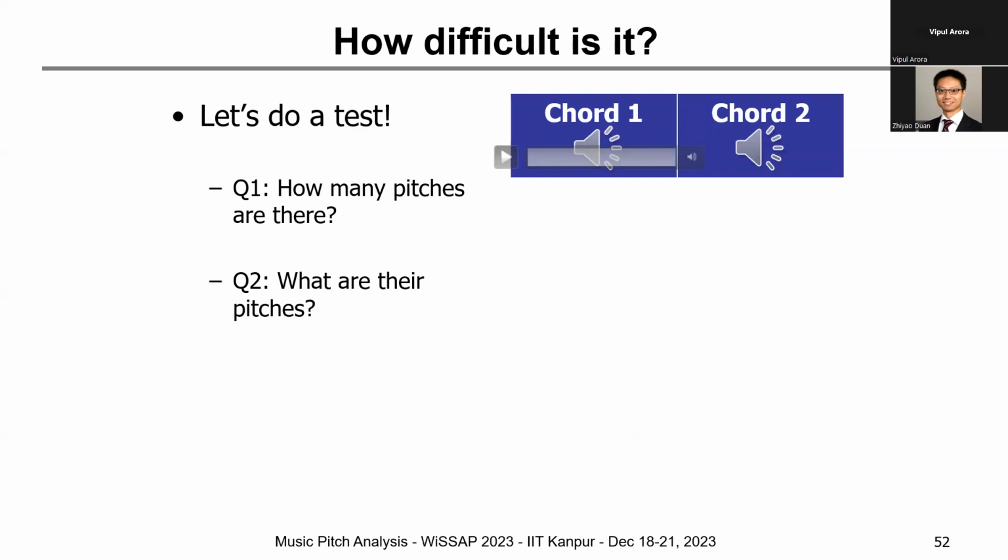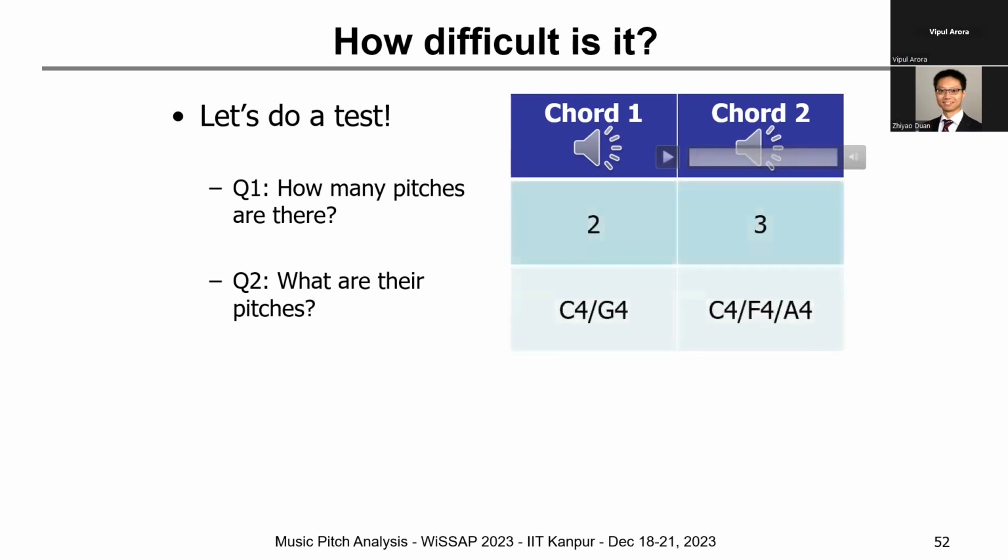How many pitches? 2 pitches, 4 pitches, 3 pitches. Okay, what pitches are they? Let's listen to it again. Okay, good. Now the second one. How many pitches? 3 pitches.